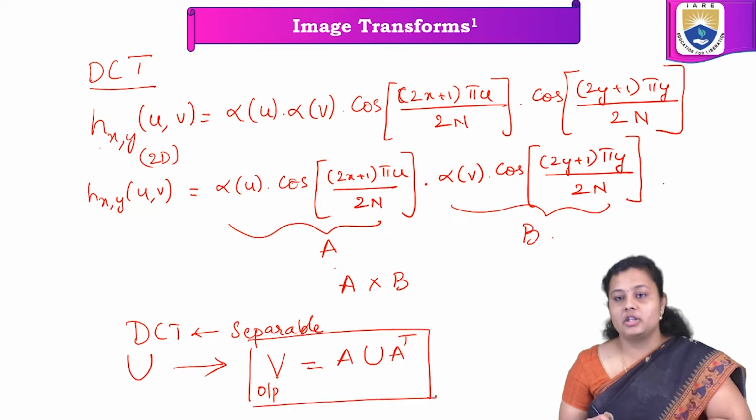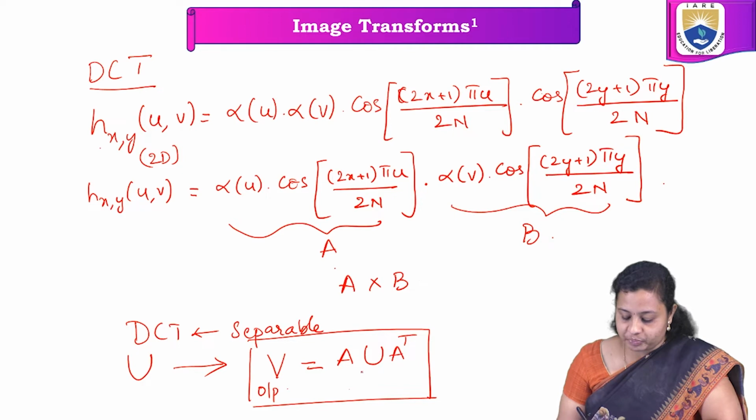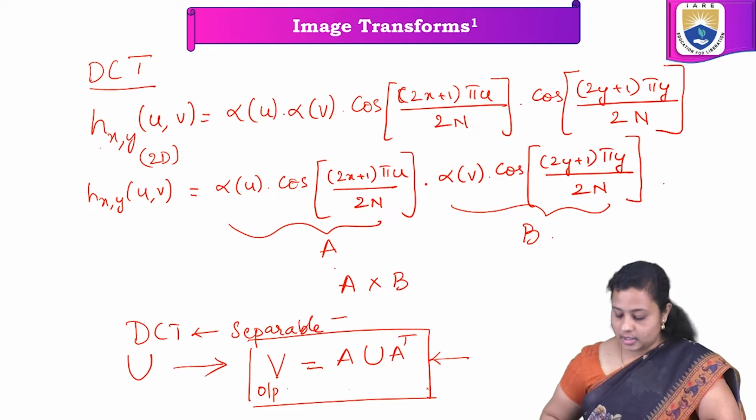So, we have seen that our output image v can be obtained from u by doing transformations where a is the 1D function of the DCT transform function and a transpose. So, here we can see that the output transform function is given by this formula. Because the DCT is separable, we can write our output transform function in this form.